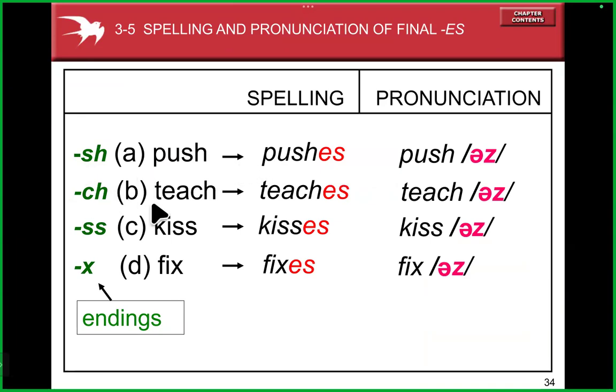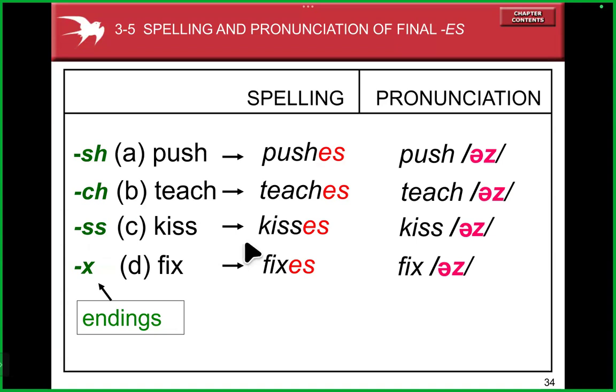Then we have those words that end in the letters ch, like teach, teaches. Verbs that finish in the letters ss, like kiss, kisses.